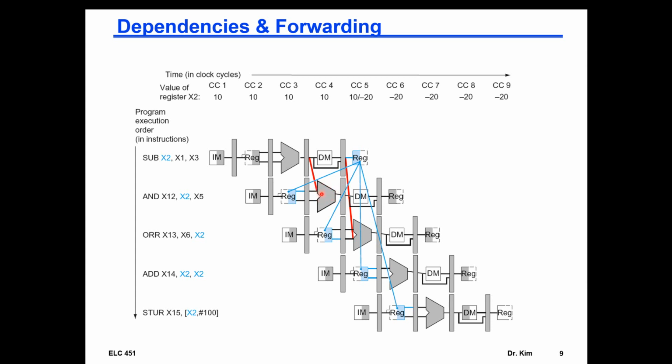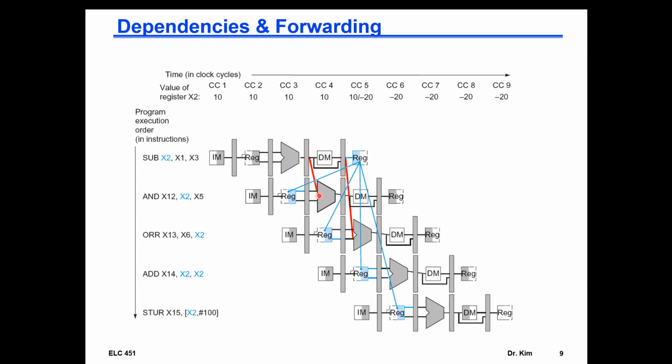So what we need to do is, we don't want the output of the register file that is shown in here to go into the ALU in the next clock cycle. What we want is what came out of the ALU in the previous clock cycle. So this red line here, that's what is signaling a forward.